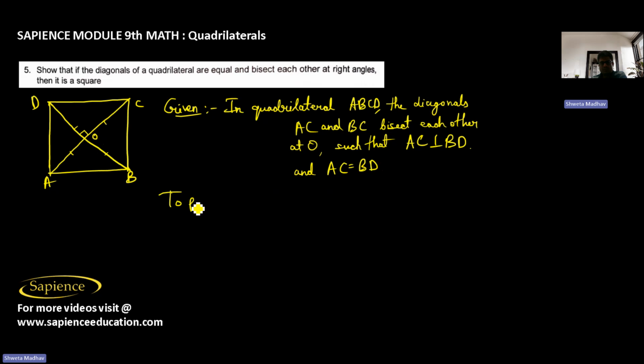So then we have to prove that ABCD is a square.